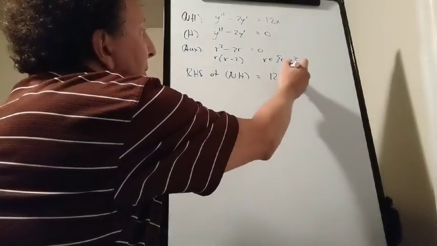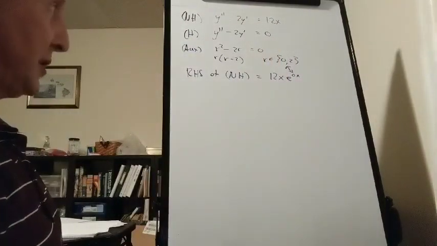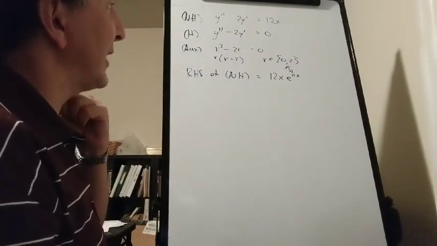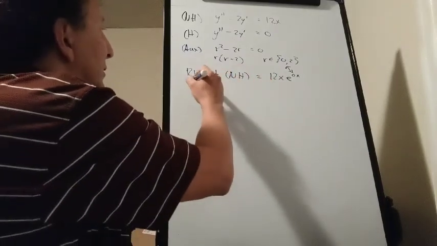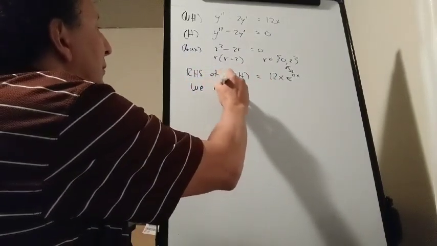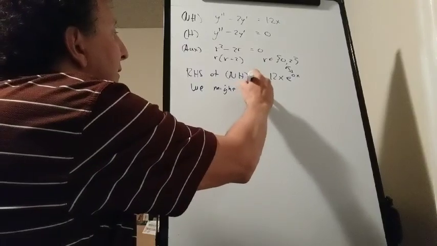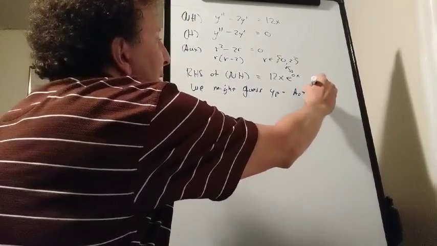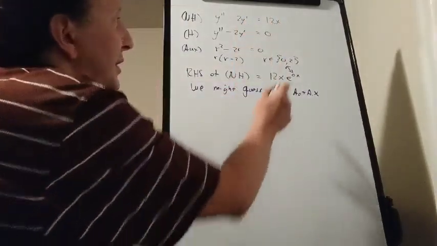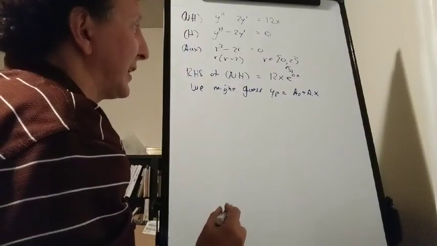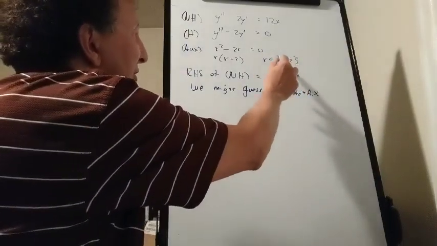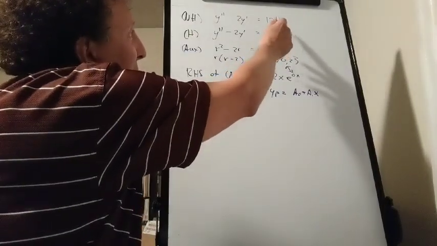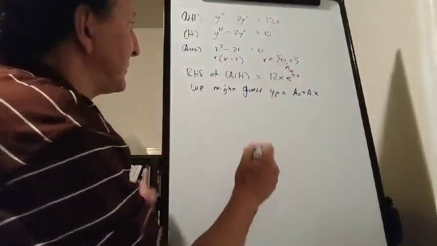Now 0 appears as a root in the auxiliary equation. So that means that we have to multiply by an extra x. So we might guess yp equals a naught plus a1x because of the form of 12x, but we actually have to multiply by an extra x in there because 0 is a root of the auxiliary equation, and this is technically equal to 12x times e to the 0x.